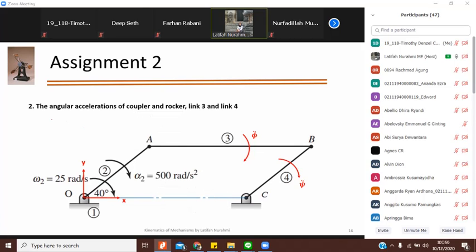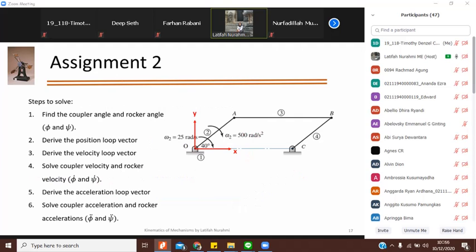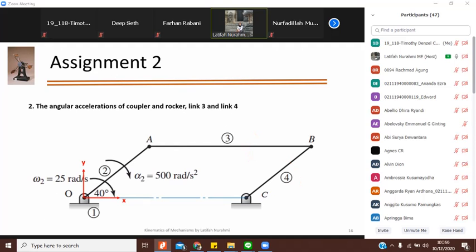So from here, you know that we have a normal and tangential direction. I want you to define the direction as well, not only the value.